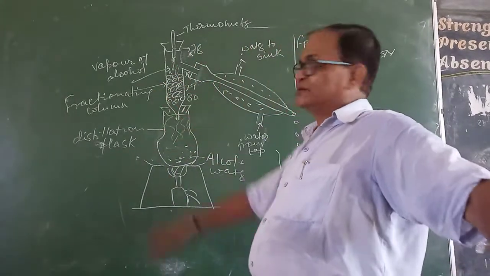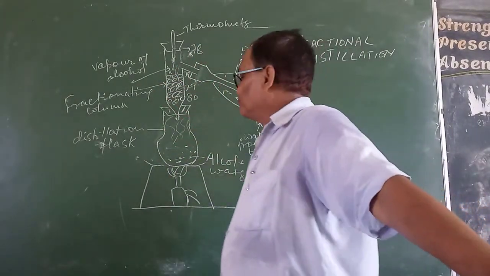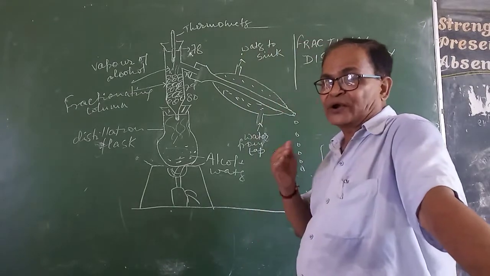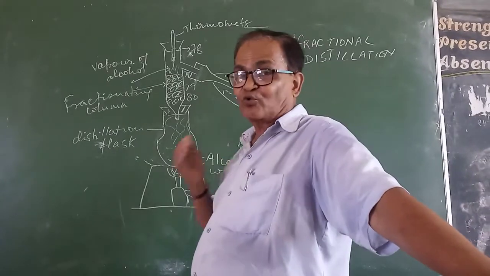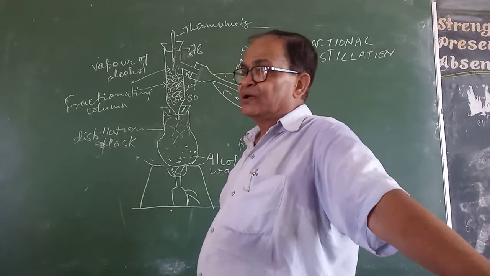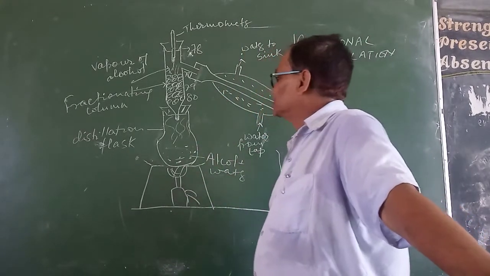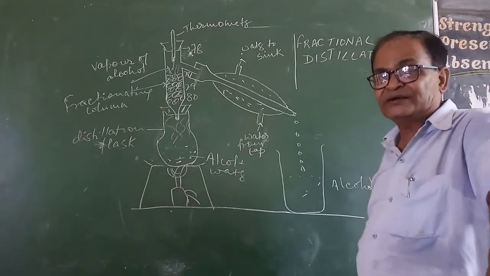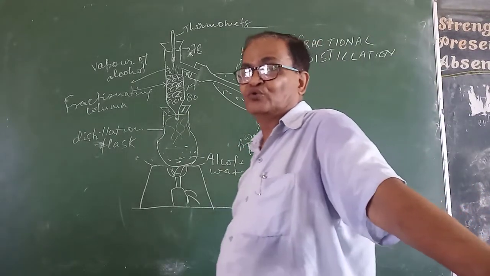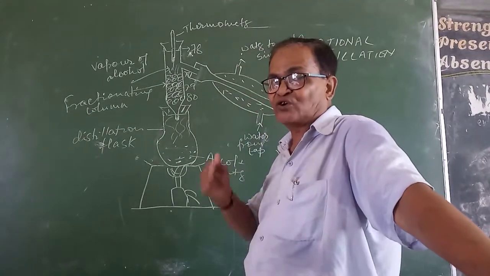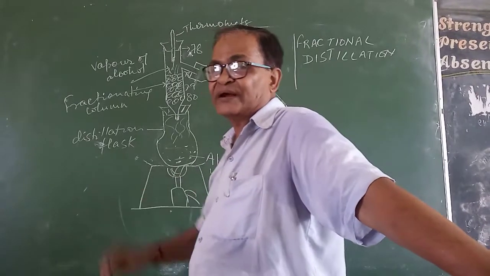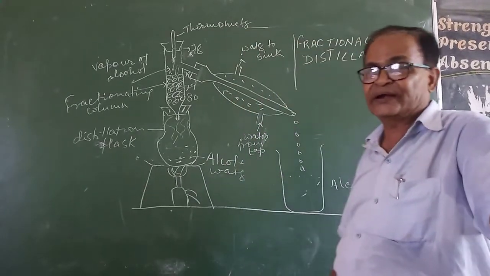By this process, we separate the products of crude petroleum in refineries. This process, fractional distillation, is also used to separate the components of air, that is nitrogen, carbon dioxide and oxygen.